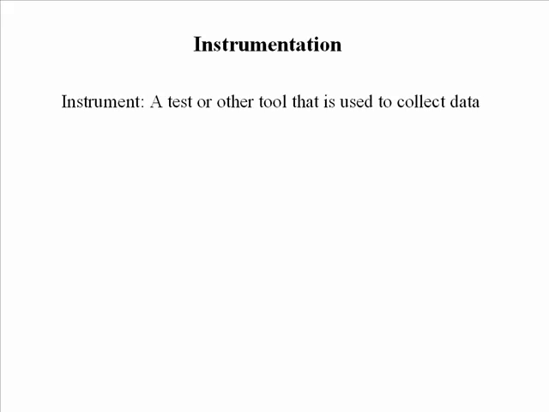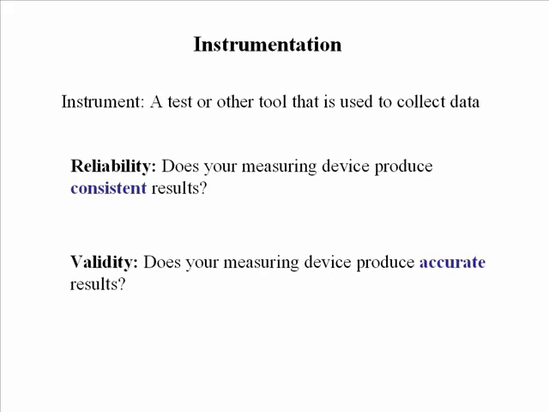Within research, this can be expanded to include things such as personality inventories, attitude surveys, etc. Now, as was mentioned at the beginning, the two primary issues that not only a researcher but also a classroom instructor should be concerned with is the reliability and validity of the information that is being collected.